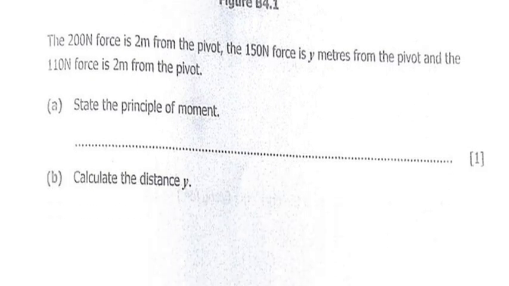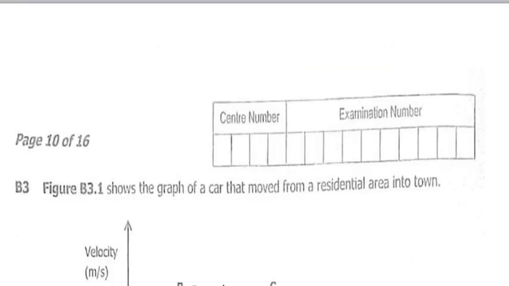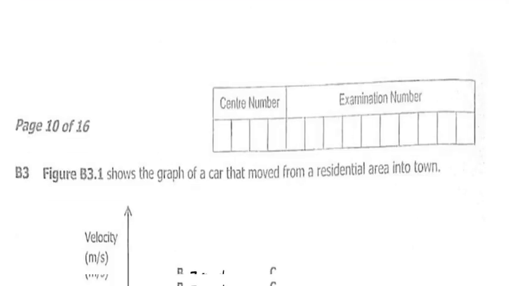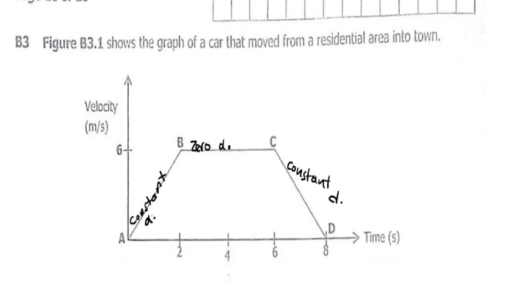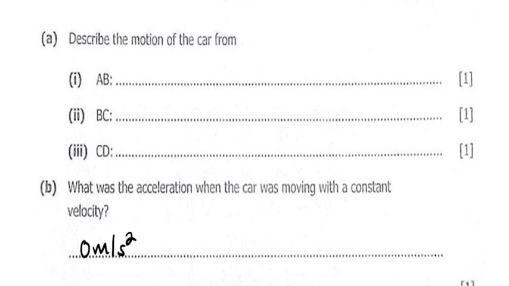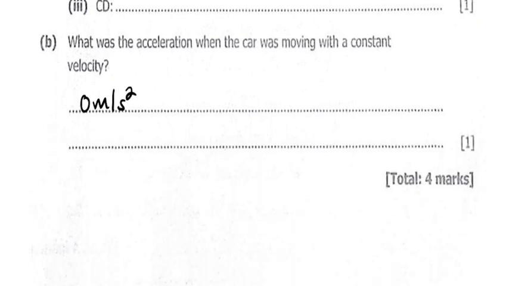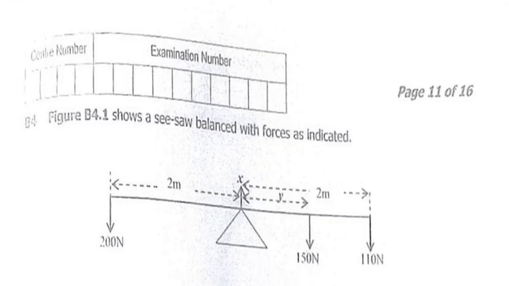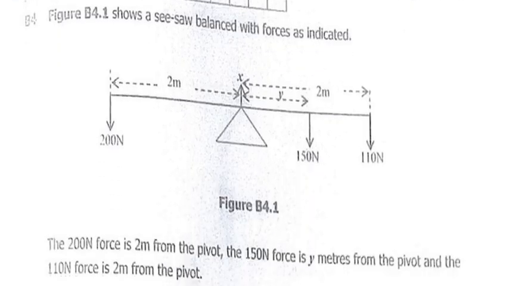Then they want us to calculate the distance y. So we go and check where is our distance y. So on B, they want us to calculate the distance y. So how do we calculate it?